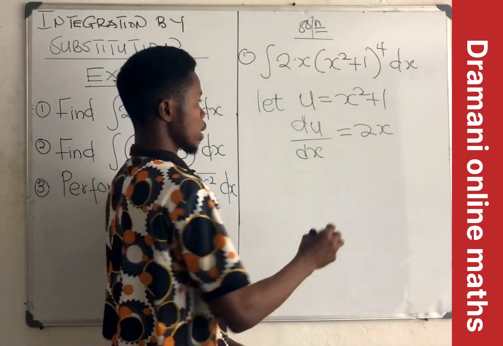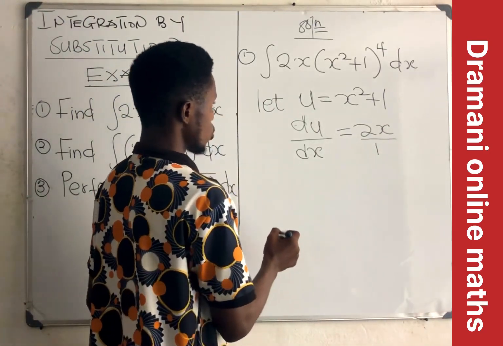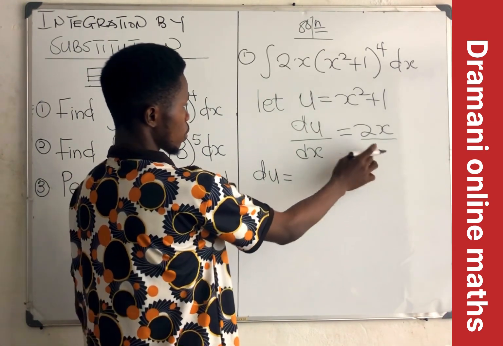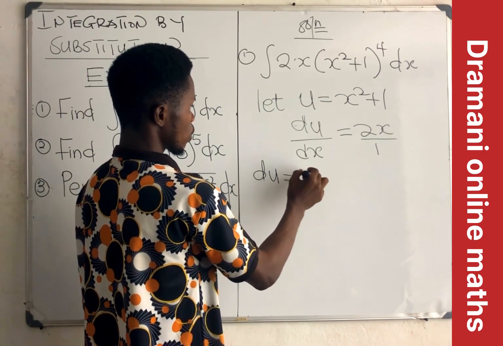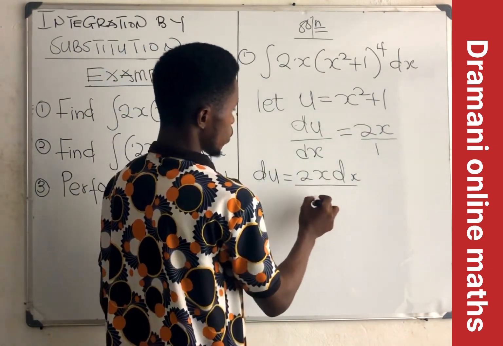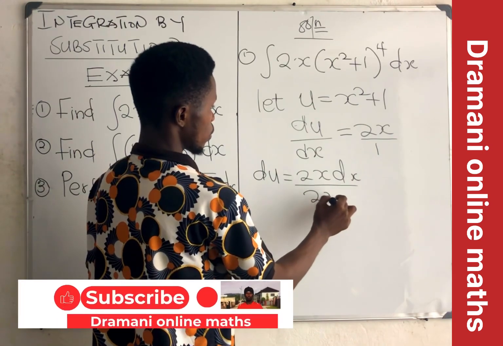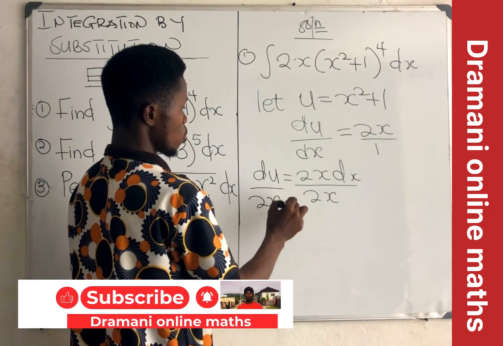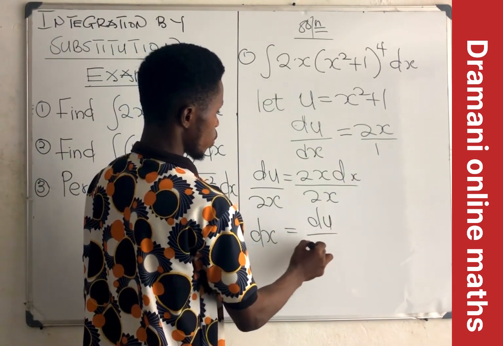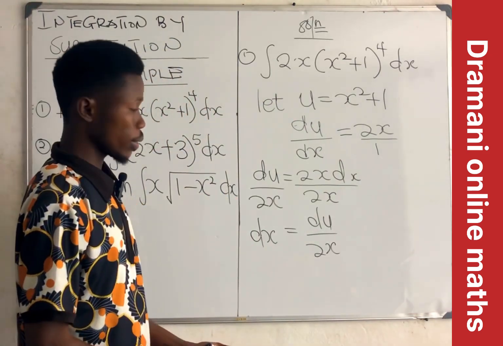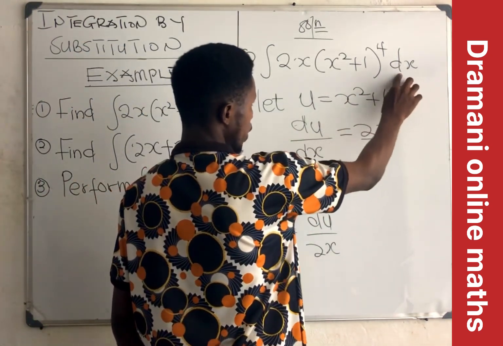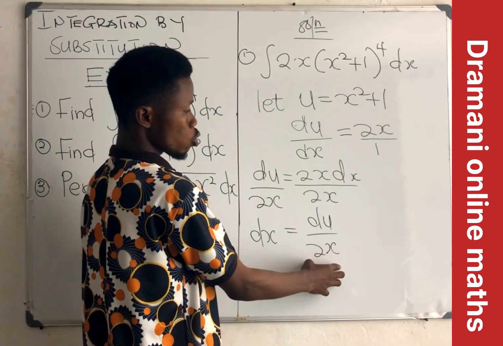Making dx the subject, du equals 2x dx. Then you divide both sides by 2x, meaning that dx will be equal to du over 2x. So anytime I see dx, it is now du over 2x.